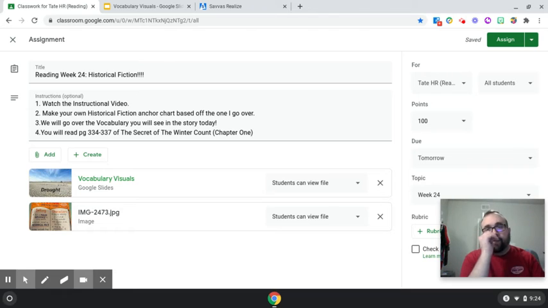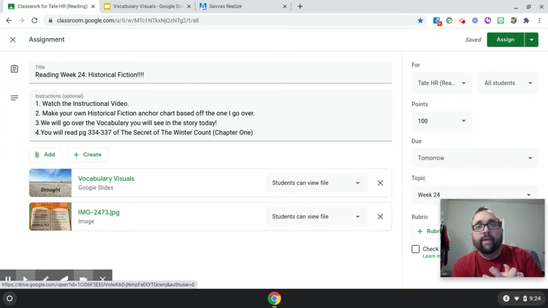So let's look at our assignment for today for reading. So we're going to watch the instructional video. Check, you're doing it. Number two, you're going to make your own historical fiction anchor chart based off the one I go over. I have also provided an image of it right down there. You can put this in your journal if you're an in-person kid and you're at home, or if you're a distance learning kid and you have a journal.